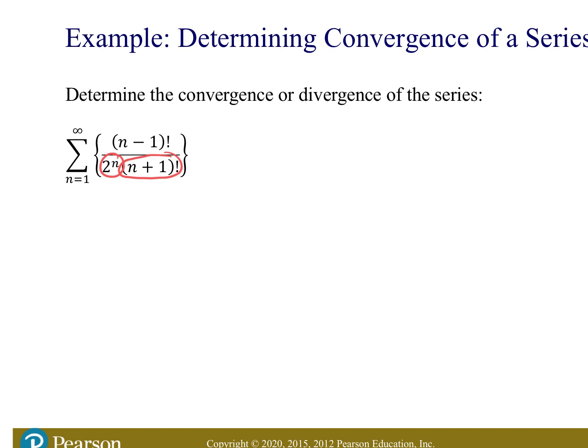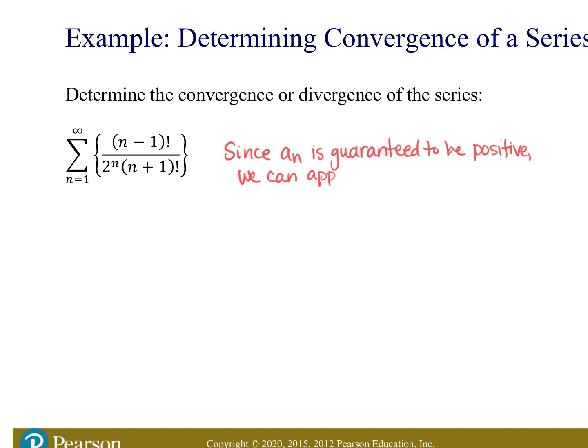All factorials are positive numbers because you never get lower than the number 1, so you never get to negative. So that guarantees us positivity. So since a sub n is guaranteed to be positive, we can apply the ratio test.